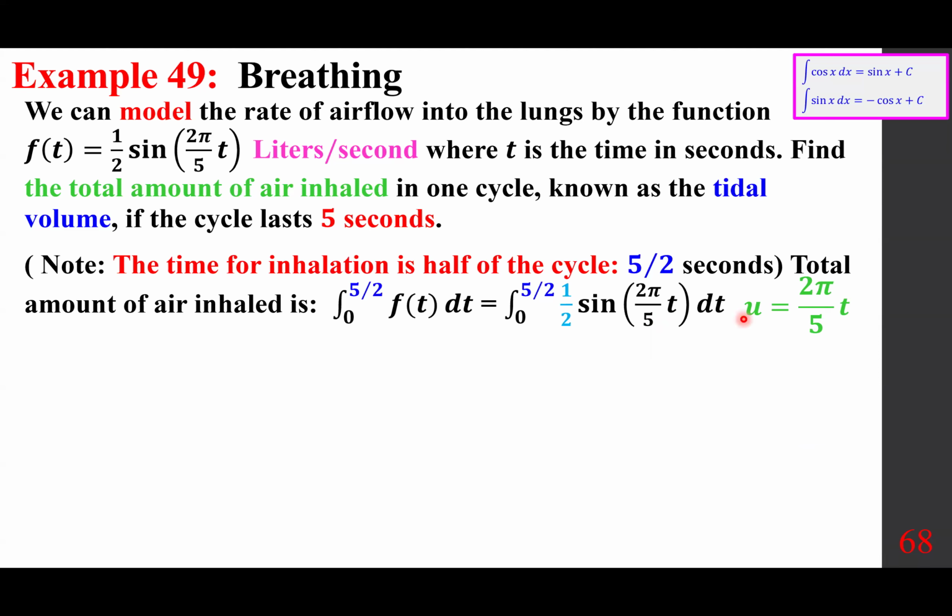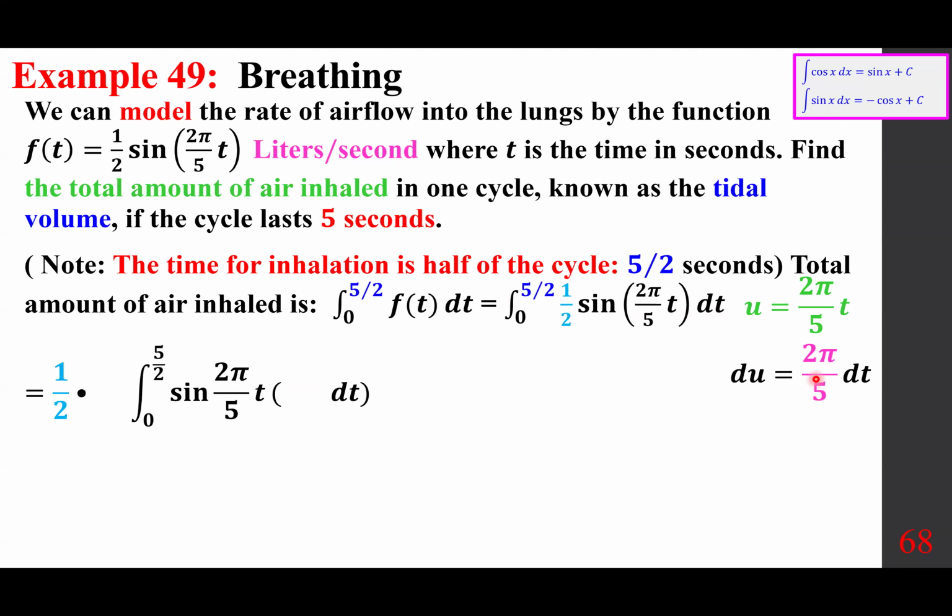In other words, du dt is 2 pi over 5, which makes du 2 pi over 5 times dt. So let me rewrite this. This 1/2 inside or outside the integral makes no difference. I keep it outside. I put sine of 2 pi over 5 times t, and I have a dt, and I compare it to this one.